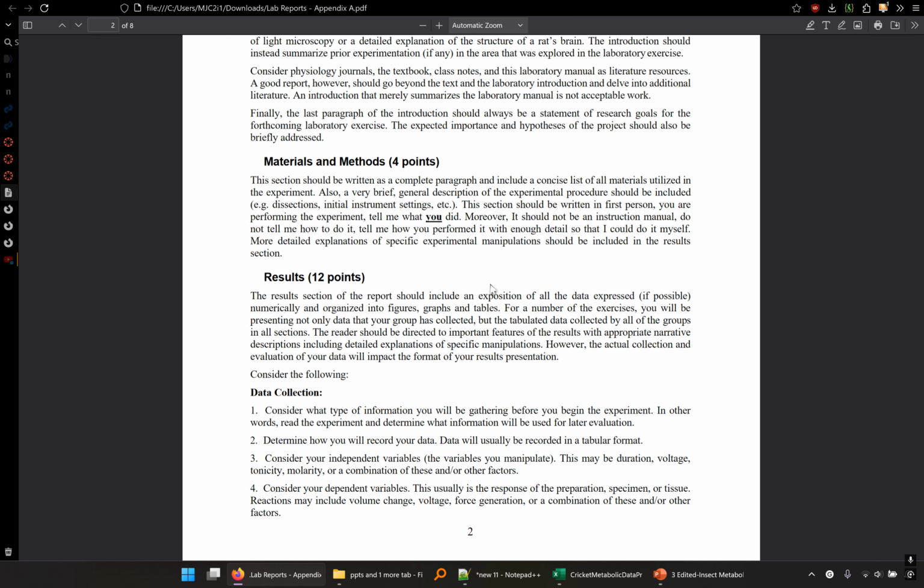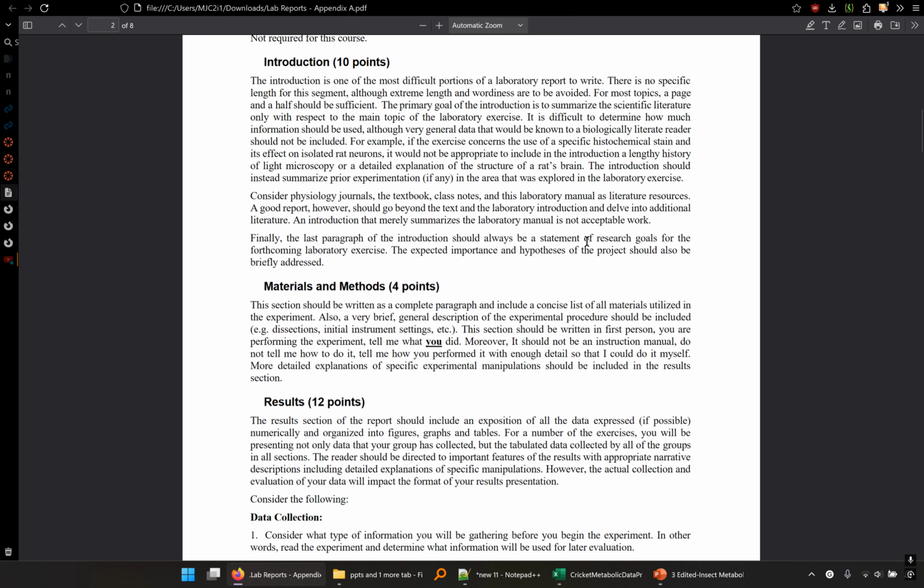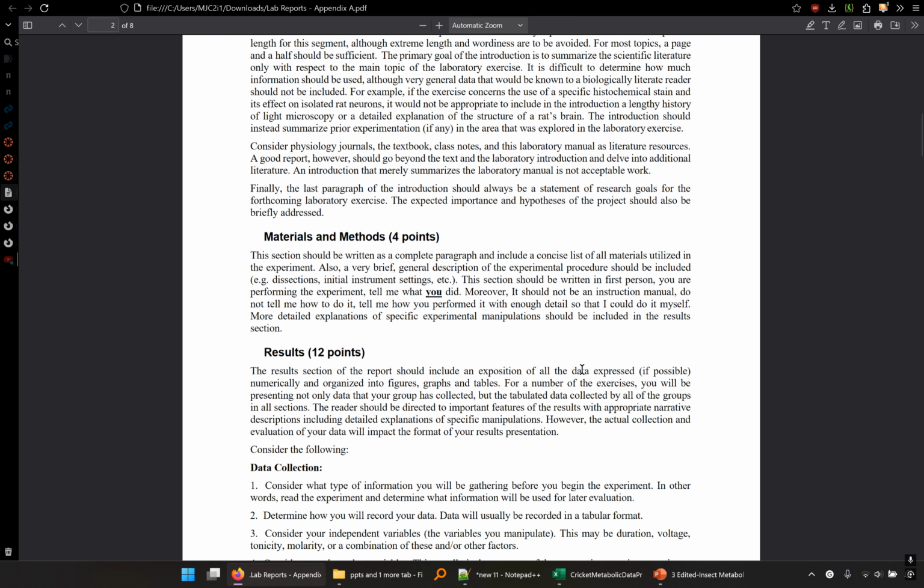So third person passive is what you want to write all your lab reports in, but in the appendix for these, it can be written in first person due to the actual rubric itself, but it's important that this is just talking about what activities were done. This isn't the methods and how to actually perform the experiment. It's talking about what happened.